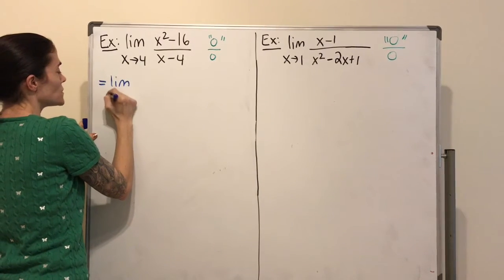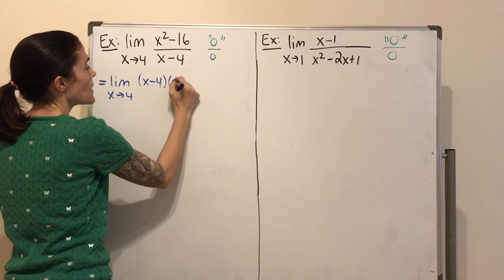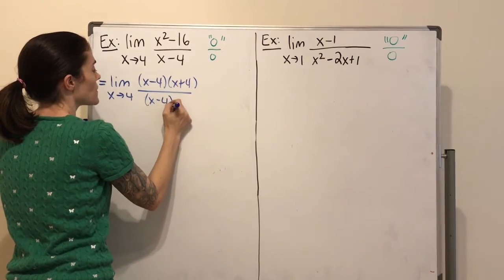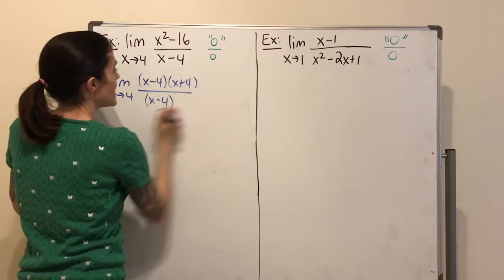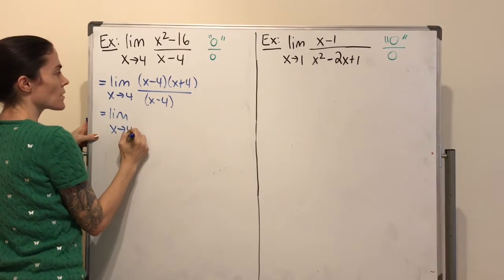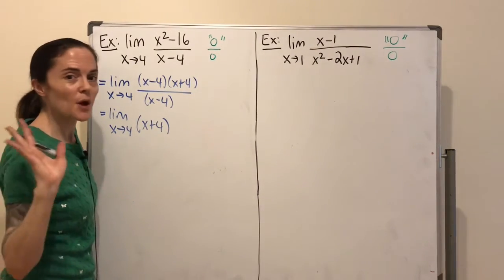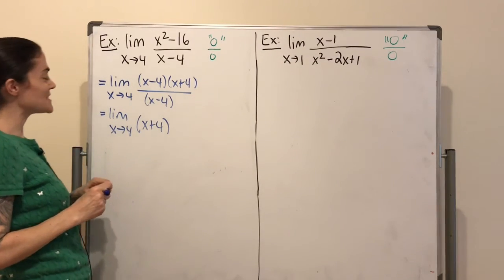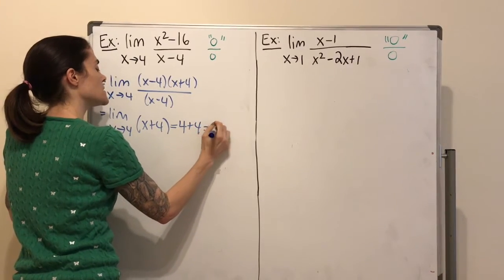This would be equal to, let's factor. The numerator is x minus 4, x plus 4 over x minus 4. Now you can cancel here. We get a limit as x approaches 4 of just x plus 4. Now this is a polynomial. We have no problem just substituting x equals 4 here. We get 4 plus 4, which is 8.